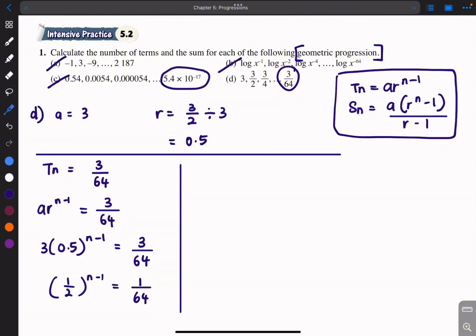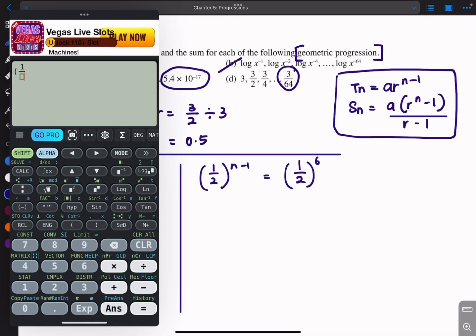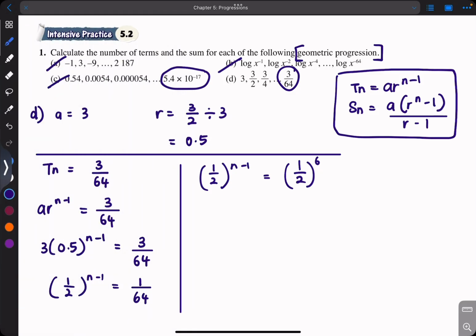So we must know that 2 to the power of 6 is 64. So 1 over 2^(n-1). This 64 will become 1 over 2 power 6. So if you do 1 over 2 to the power of 6, we get 1 over 64. So we can convert this to 1 over 2 power 6. Then we can just compare the powers.